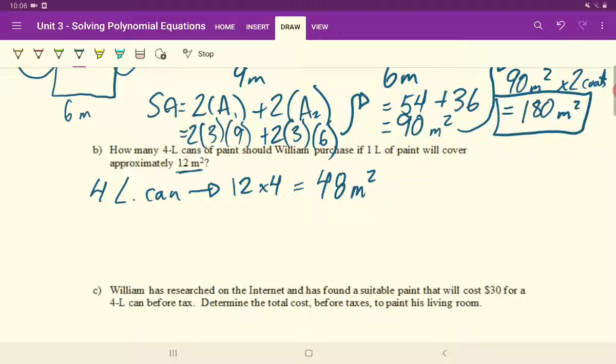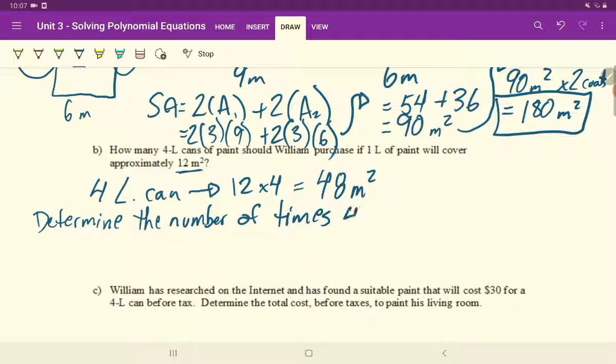We need to determine, and you wouldn't normally write this, I'm just writing this as I'm thinking through it, the number of times 48 divides into or fits into 180. Let's determine the number of times 48 goes into 180, and that's going to give us the number of cans that we need.